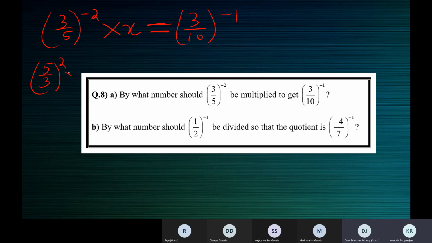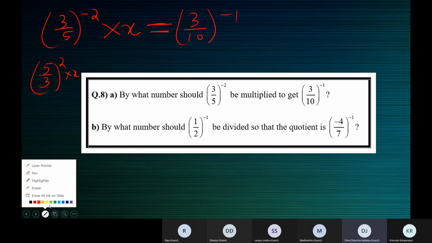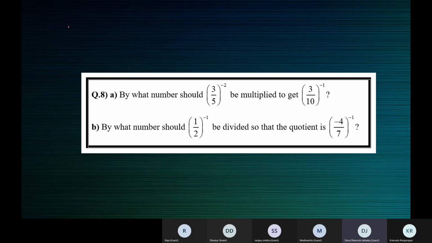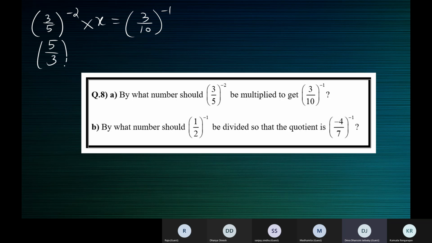One minute, let me write it. x is equal to 10 by 3 to the power 1.